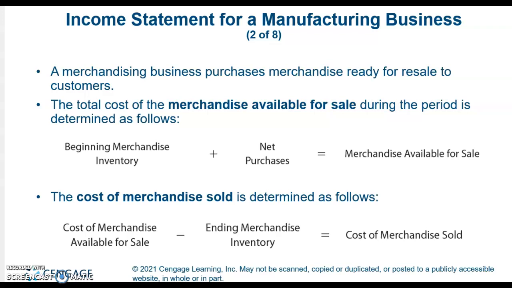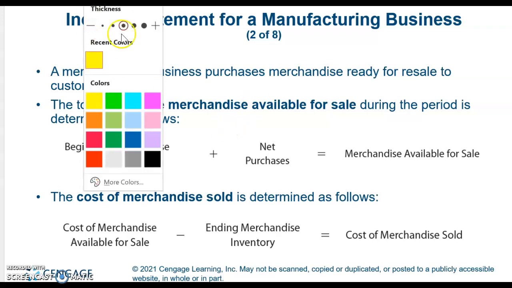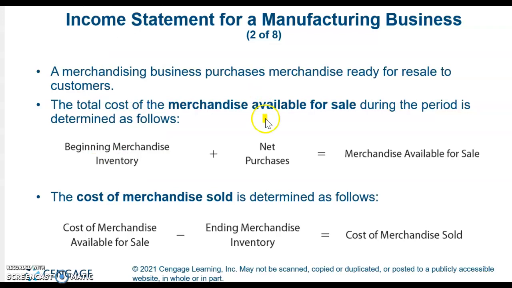Okay. So a merchandising business is going to purchase merchandise already made, and they're going to turn around and sell it. So it's ready to sell when they get it. So they're going to have beginning merchandise inventory plus anything they purchased throughout the year.